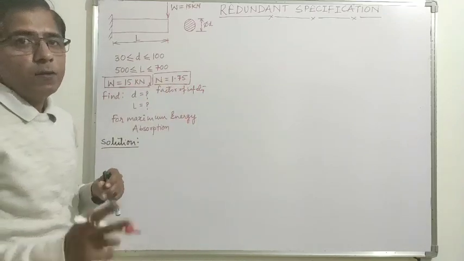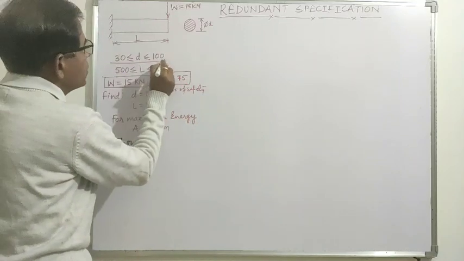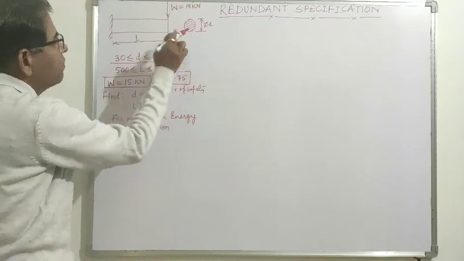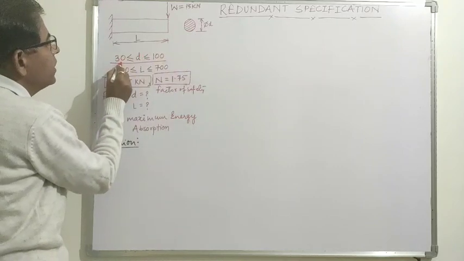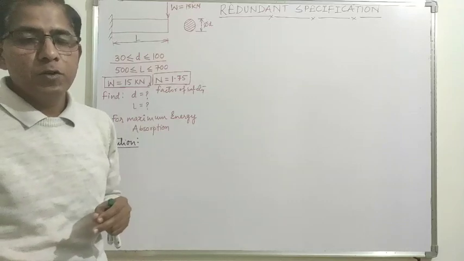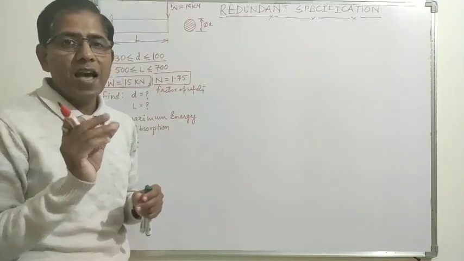Then there are two constraints given. And what are those constraints? The diameter of the shaft should not be less than 30 mm and should not be more than 100 mm. So there is a limit imposed on the diameter of the shaft.